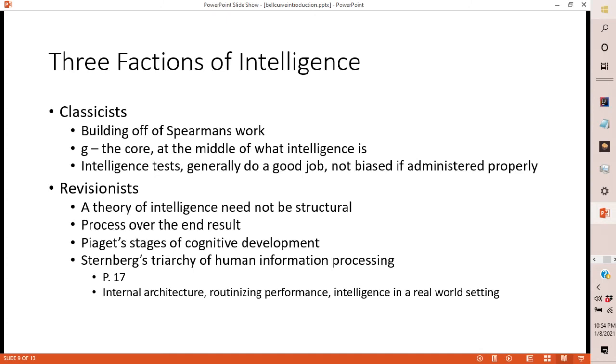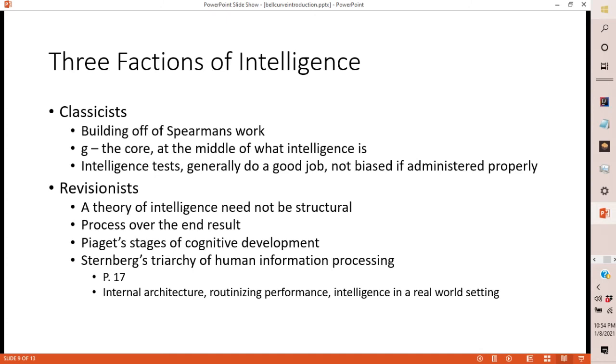I think what Sternberg's triarchy is exemplifying is you use what you have and it becomes routine, and then you fit that to the mold in which you live in the real world. Right?